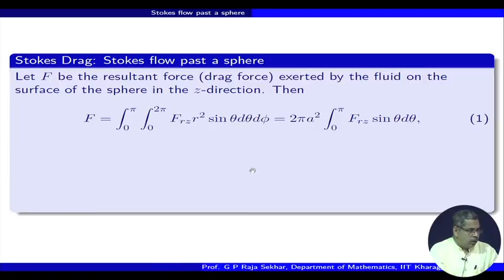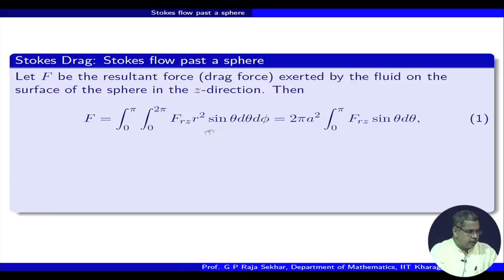Now, how do we get the total force? By integrating. So, this F_r_z that we have computed, that is the force along the z direction, we are integrating with the corresponding surface element. The surface element for the sphere is r squared sin theta d theta d phi, and since we are on the surface of the sphere, r is a.